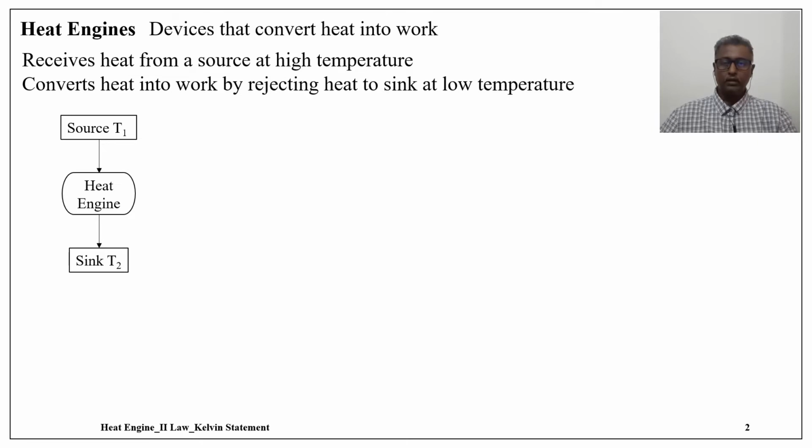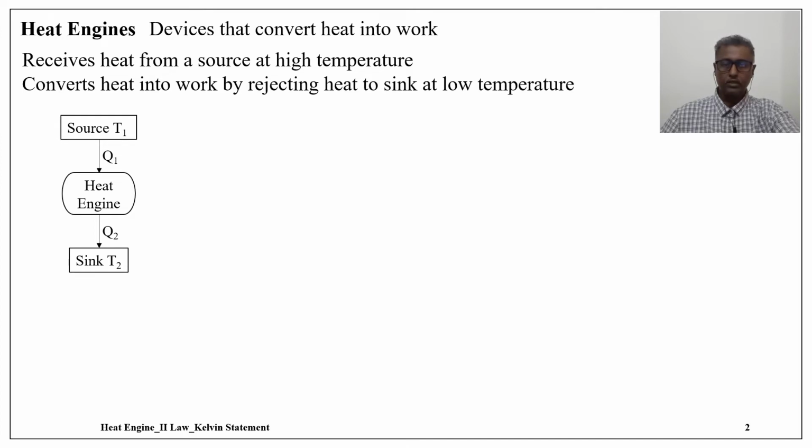While taking and rejecting heat, this engine converts a certain quantity of heat into work. In general, let the engine take heat Q1 from the source and reject heat Q2 to the sink.